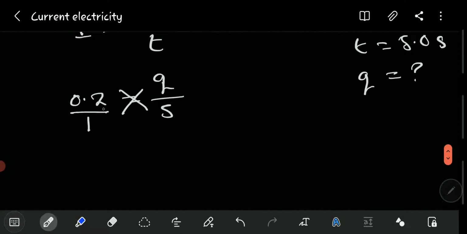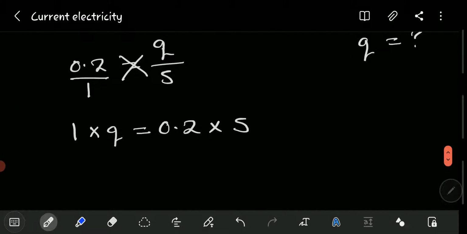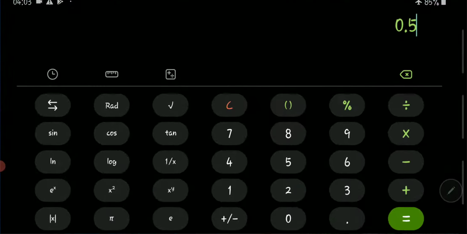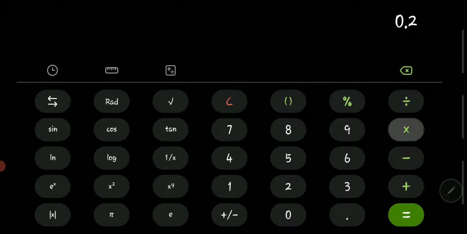So 1 times Q is equal to, not 0.5, it's actually 0.2 times 5. So 1 times Q is Q. Q is equal to 0.2 multiplied by 5, which is equal to 1.